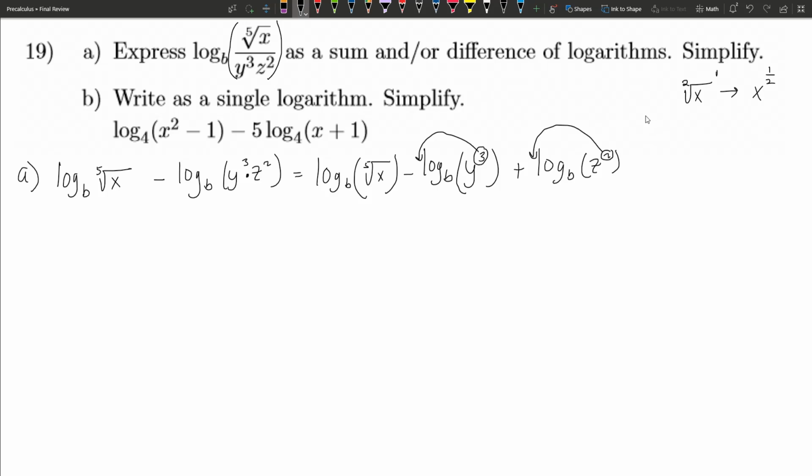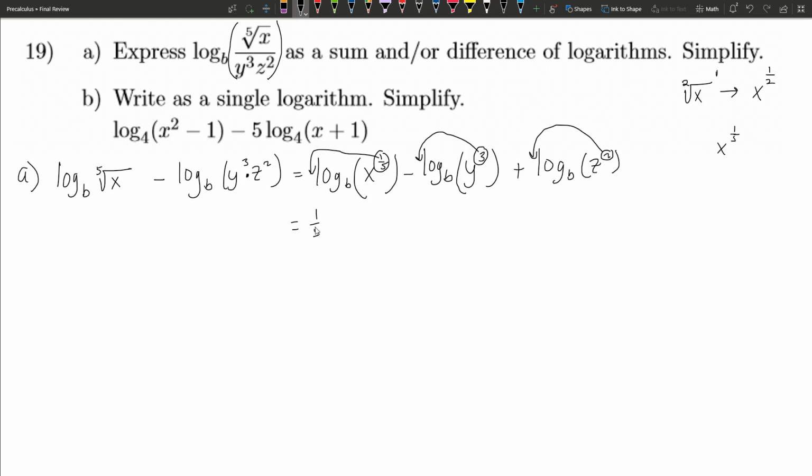Now, the only difference is that there's a 5 here. So this is really saying x to the 1/5 power, right? That's what this piece really is here. So let's erase that and write that as x to the 1/5 power. So now we can just take this, put it right in front. So let's do that.